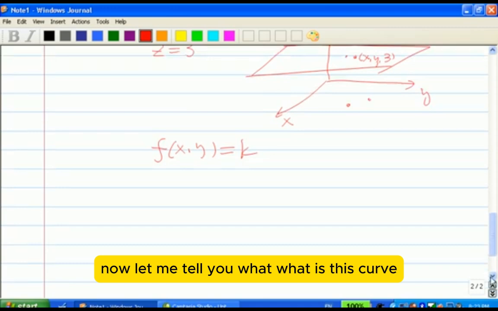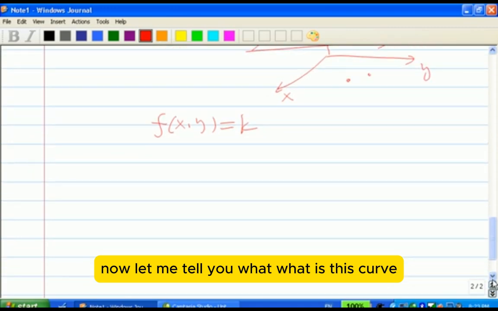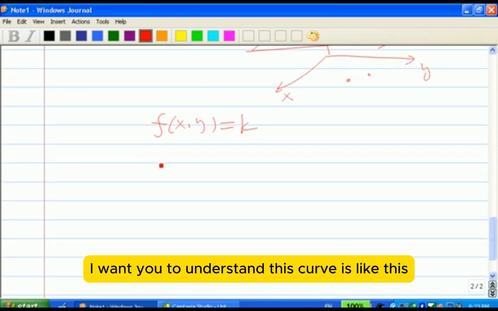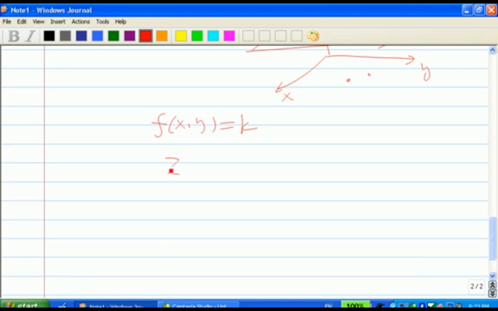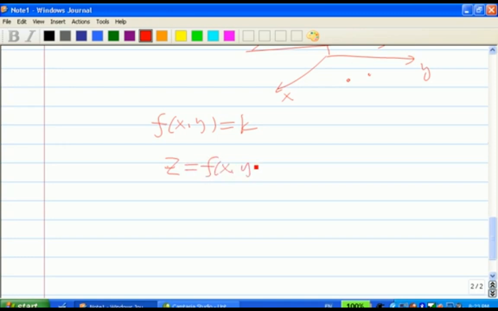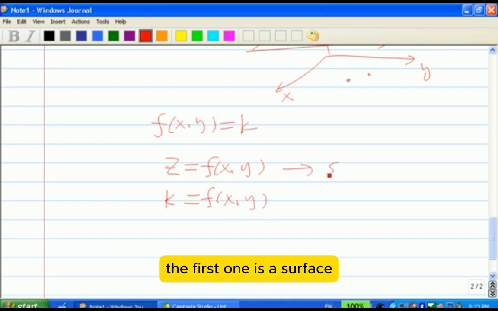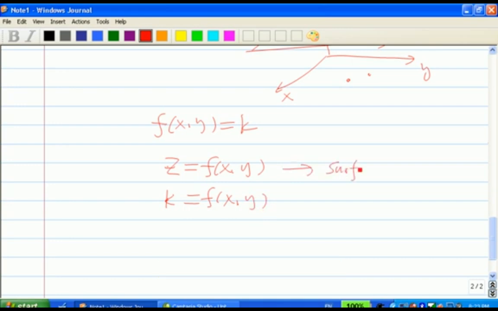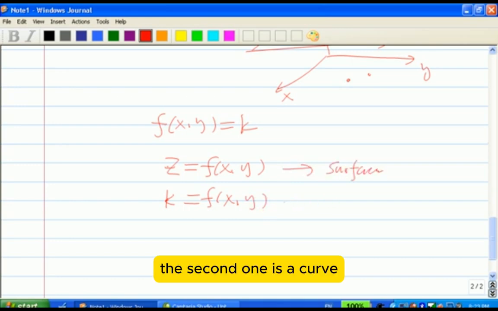Now, let me tell you what this curve is. I want you to understand this curve is like this. There are two things. One is z equal to f(x,y). One is k equal to f(x,y). The first one is a surface. The second one is a curve.